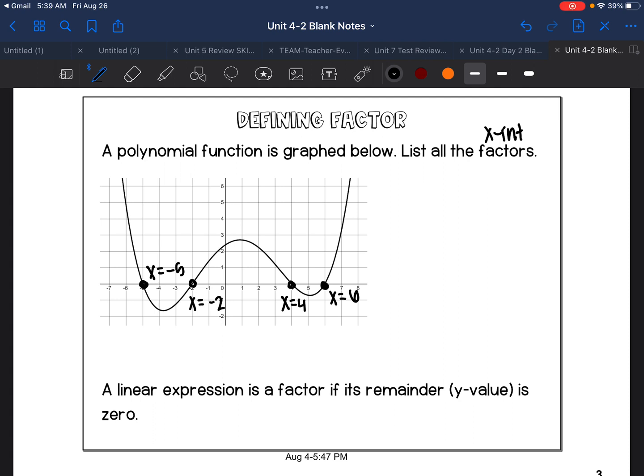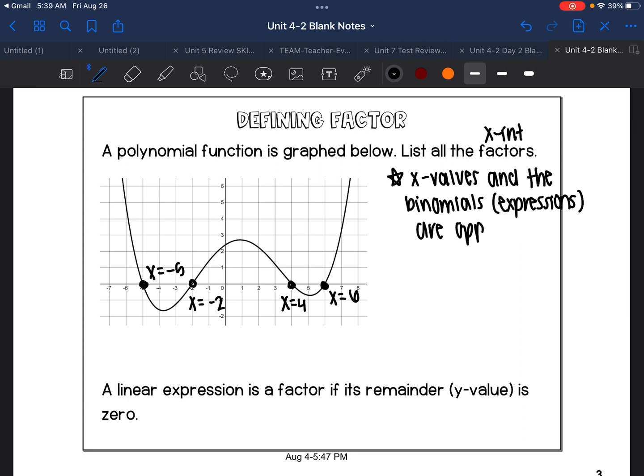Okay? Now, we're going to make a note up here that the x values and the binomials, which I'm going to call expressions, because you're going to hear me say that in some of these examples, are opposites.